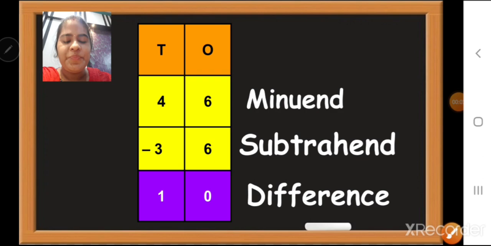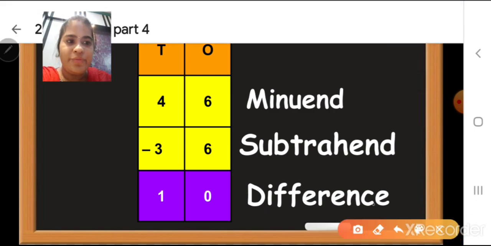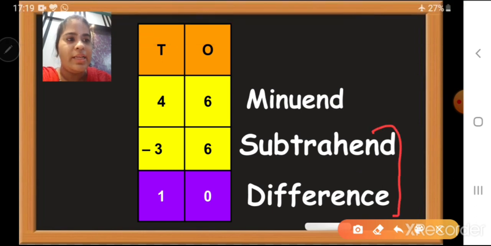So children, after solving the subtraction question, how will you check that the answer is correct or not? There is one simple method. For that we have to add the difference and the subtrahend. The difference that we have got and the subtrahend, if we add them, we will get the minuend.